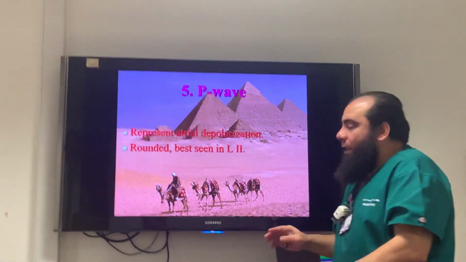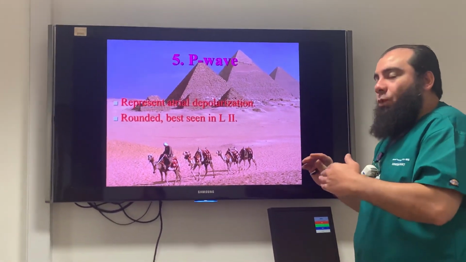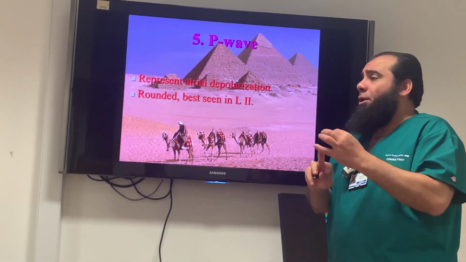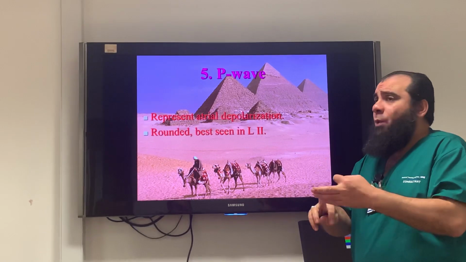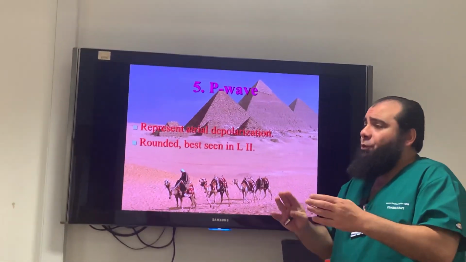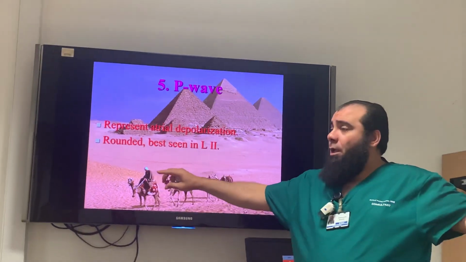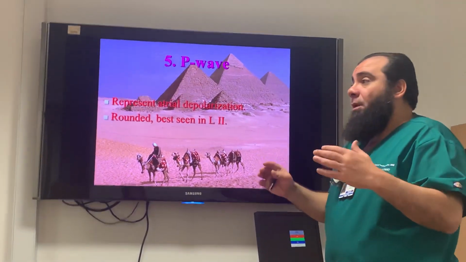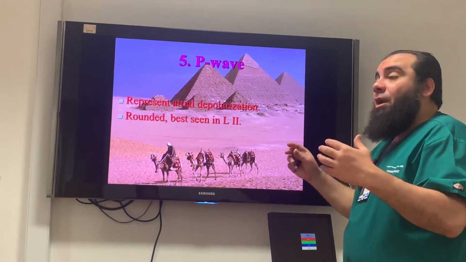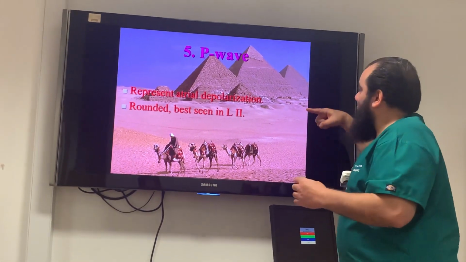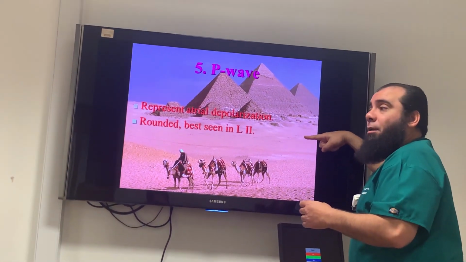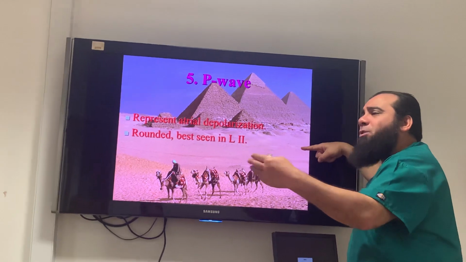So how does it look? Rounded, and it is best seen in lead 2. Any comments about rate, rhythm, P wave, we speak about lead 2. When we ask for a long strip to see how things go, we need lead 2, because it is the best lead to describe these things. Why? Lead 2 is absolutely positive always.